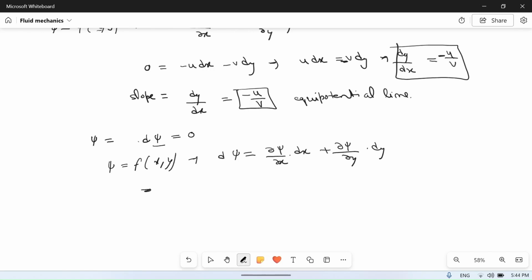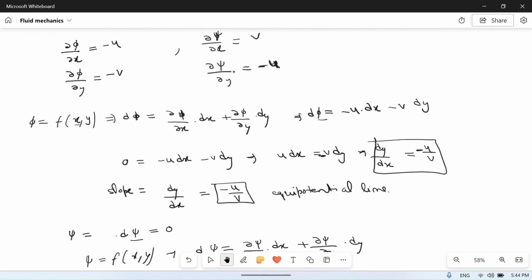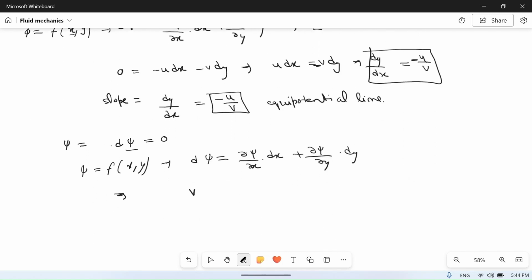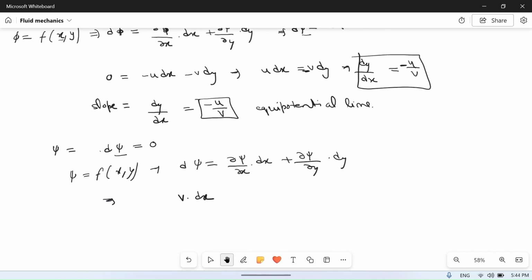Now from stream function definition, you can see del psi upon del x is equal to v. So we will write v into dx plus del psi upon del y is minus u, so we will write minus u into dy is equal to 0 because d psi was equal to 0 because it is constant stream function line.